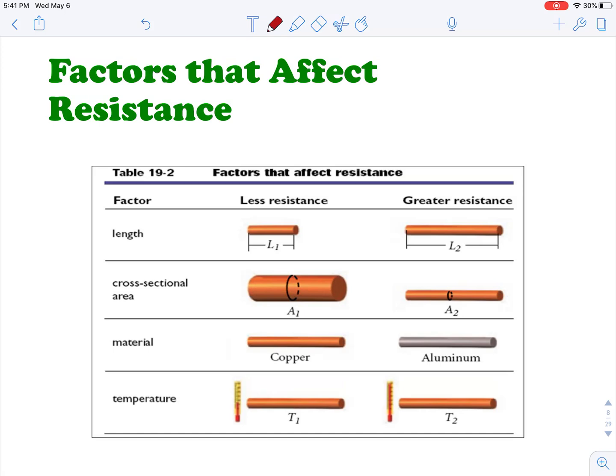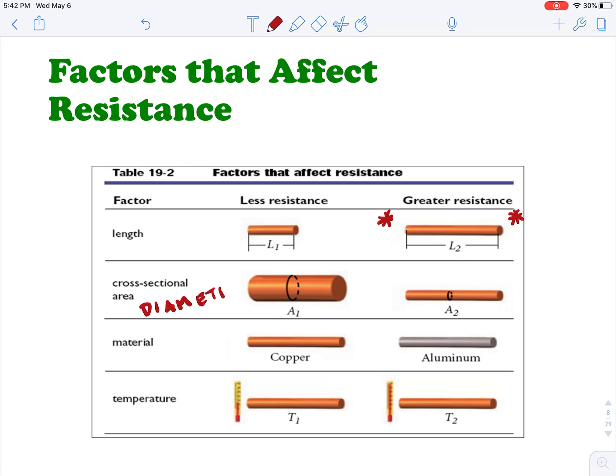Here are some other things that affect resistance. I mentioned a moment ago that wire does have a teeny tiny amount of resistance in it. So it would make sense, the more wire I have, the more resistance to flow I would have. It'd be easier to get through a short hallway than a long hallway. You'd get through it quicker. Cross-sectional area is a fancy way of saying diameter.